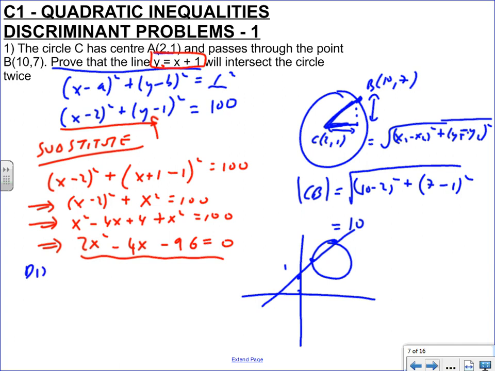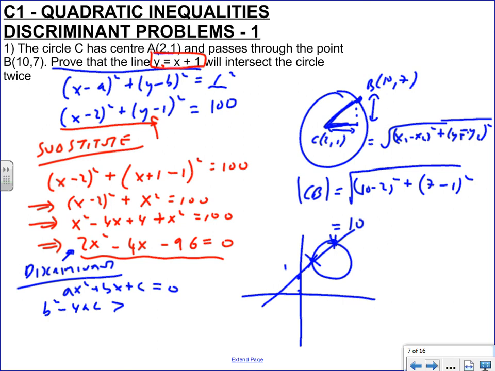So we know the discriminant for any quadratic which is in this order. So ax squared plus bx plus c describes any general quadratic. That's why you always want to put it in order of x squared, x, then number, and then you can see, because you know the discriminant is b squared minus 4ac, and we're trying to prove that this thing intersects the circle twice, and therefore how many roots does it have? 2.